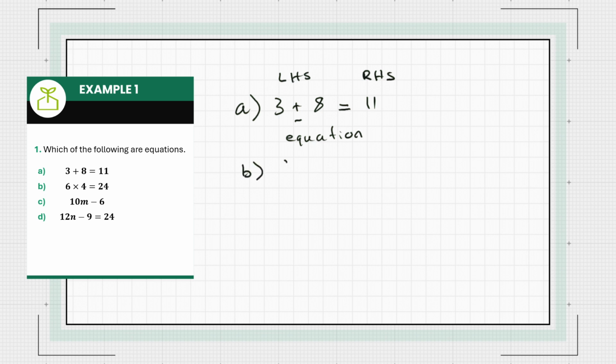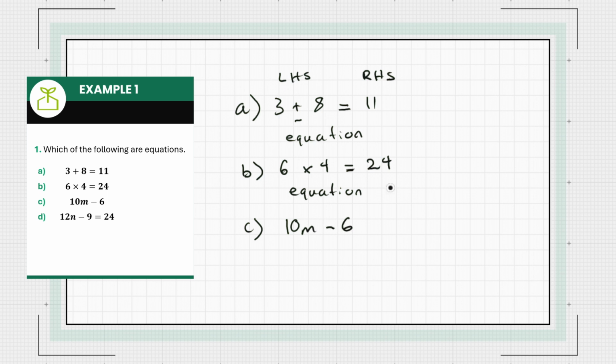For B, we have 6 times 4 is equal to 24. Because we have two expressions and they are being said to be equal, this is an equation. For C, we have 10m minus 6.